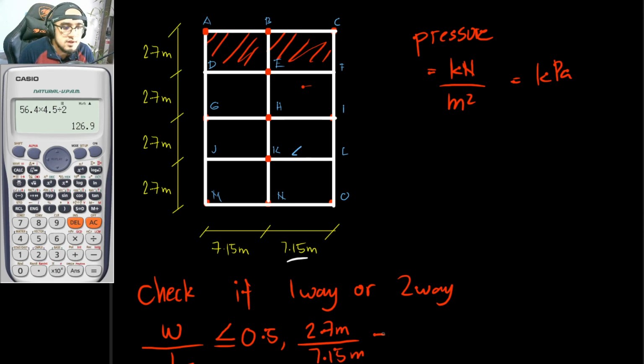So 2.7 divided by 7.15 is equal to 0.378. And as you can see, this is indeed less than or equal to 0.5.